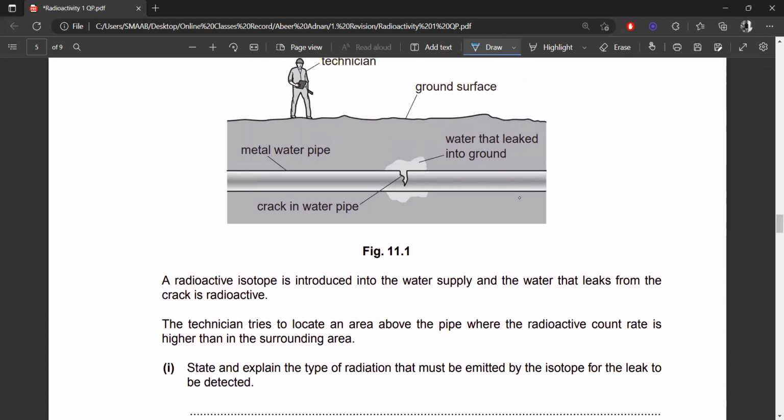So the main core of this whole explanation is that the technician is finding the area where the radioactive count rate is greater, because if the count rate is greater, we have a radioactive source over there, right? So that's why we are getting higher values.